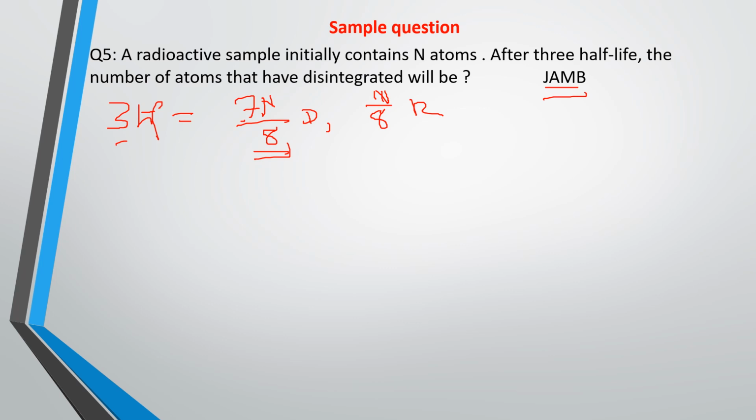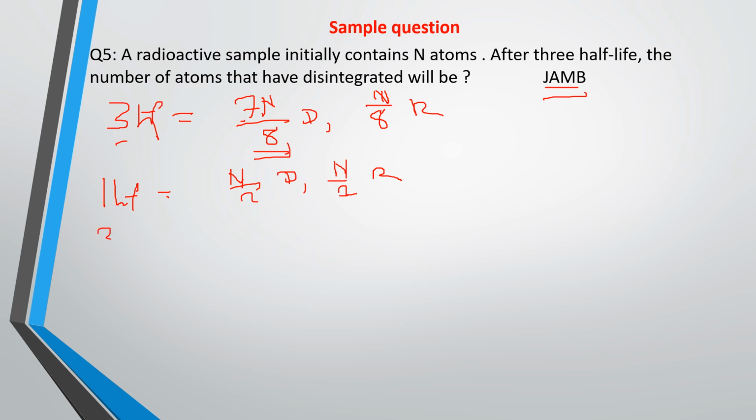But if I need to solve, I will say that at one half-life, n over 2 of the substance will decay and n over 2 will remain. That's what we have been discussing thus far.